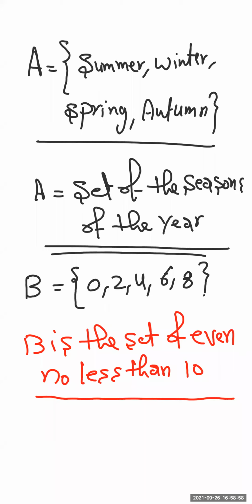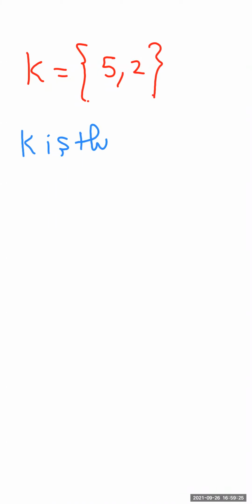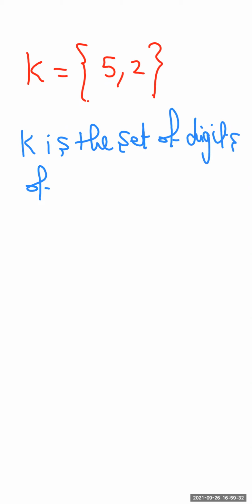Okay, what do you think about this one, guys? K equals the set of 5 and 2. Now concentrate well with me. Here we will write down that K is the set of digits of the number.